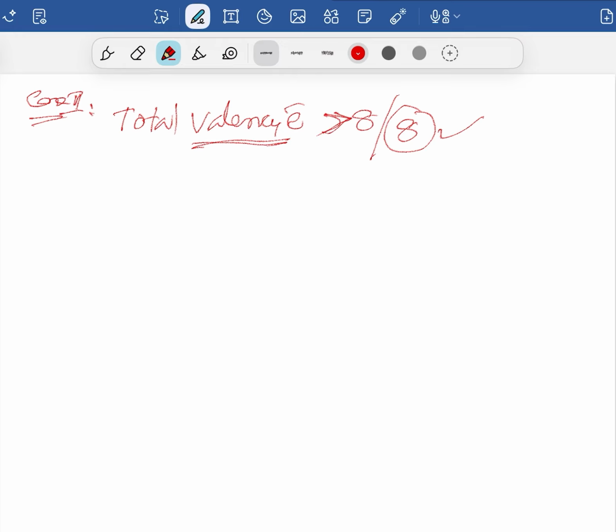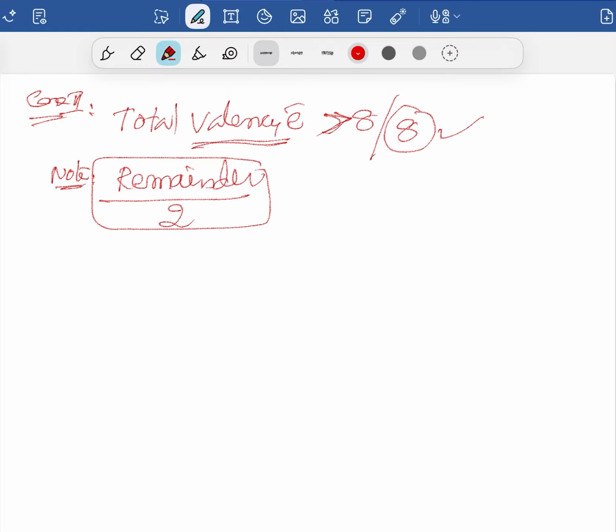One of the most important points: note the remainder. If there is a remainder, then it is also divided by 2, and both results are added.